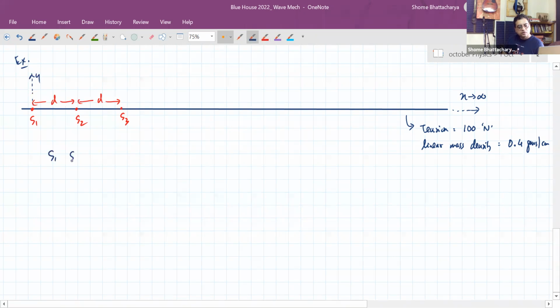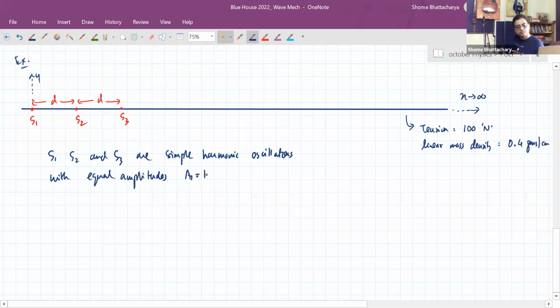So S1, S2 and S3 are simple harmonic oscillators with equal amplitudes along the y-axis, identical frequency, Hz each.